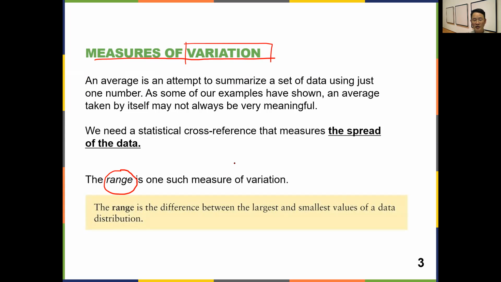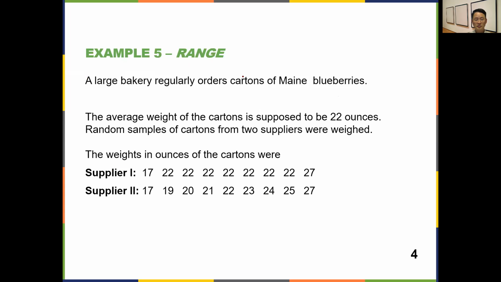The same thing. And range would be one of those techniques to measure the spread of the data. Now, what is range? Well, you can read this, right? Range is the difference between the largest number and the smallest number in the data set, in the data distribution.